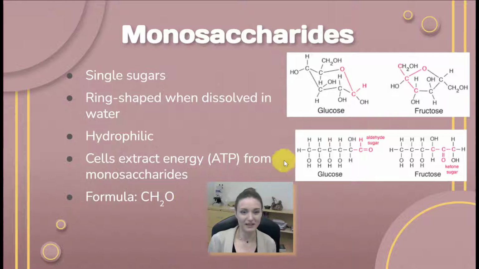We're taking a carbon-based molecule and hydrating it, quote unquote, with water. Okay, so ring shape in water. This is the exact same molecule though, just an isomer of it. And they are hydrophilic, and their main purpose is easy access to make ATP, a molecule that's really easy for cells to make ATP out of.